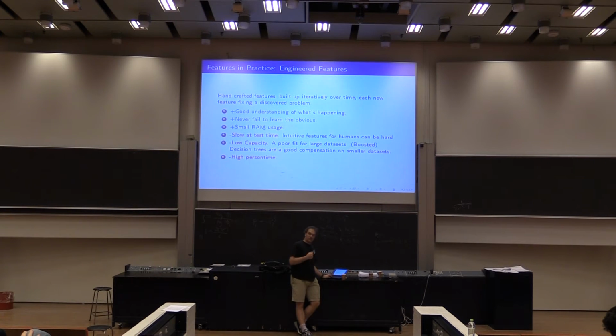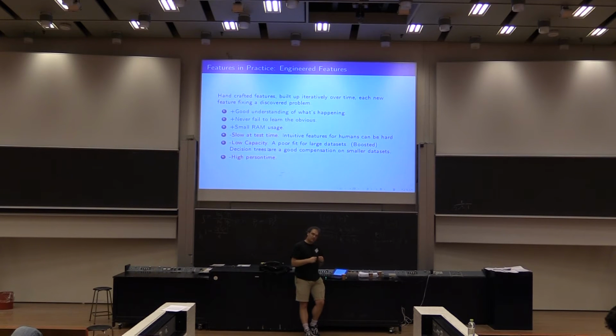It requires relatively small RAM usage. It tends to be slow at test time, essentially because when humans think about how their algorithm is failing, they come up with ways to express that which are not necessarily computationally easy. Right? And then you have to go through and compute those to get the features to feed into the learning algorithm at test time.